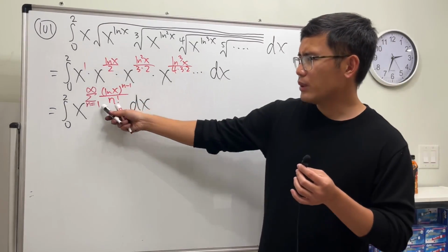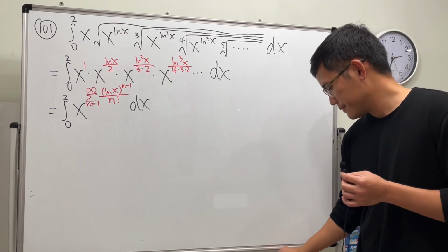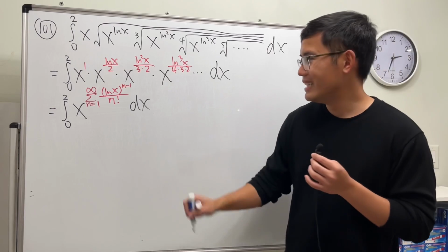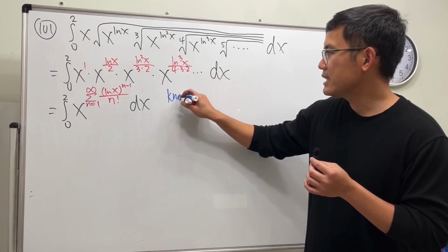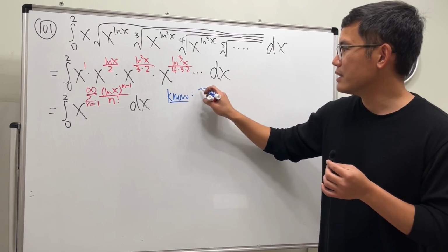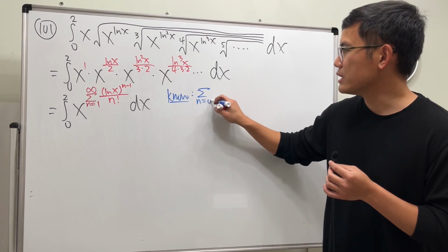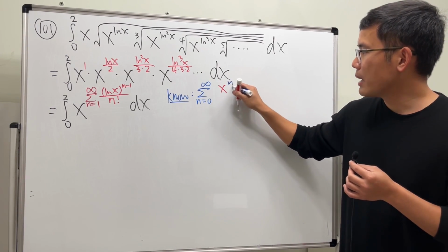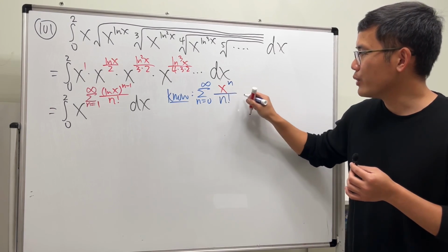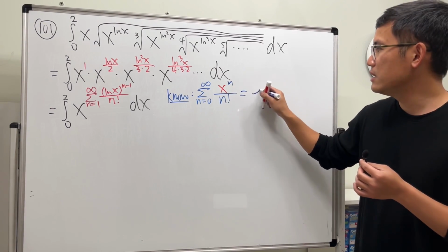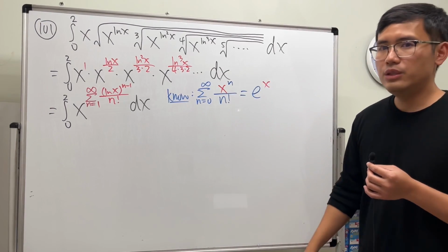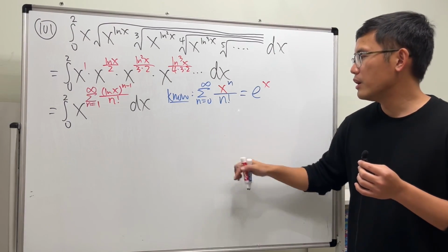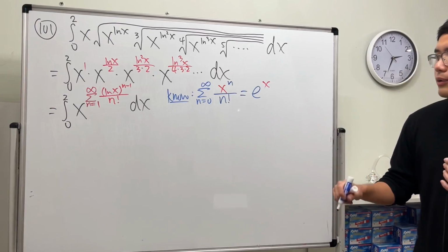So now the question is, how do we simplify this? We should know that when we have the series as n goes from 0 to infinity of x to the nth power over n factorial, this nicely gives us the e to the x function, and this works for all x values.